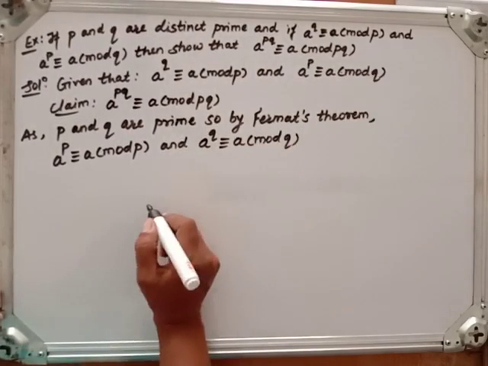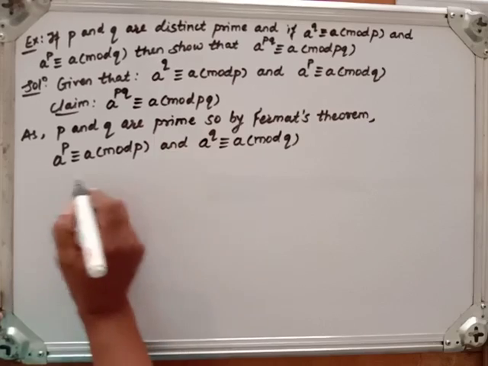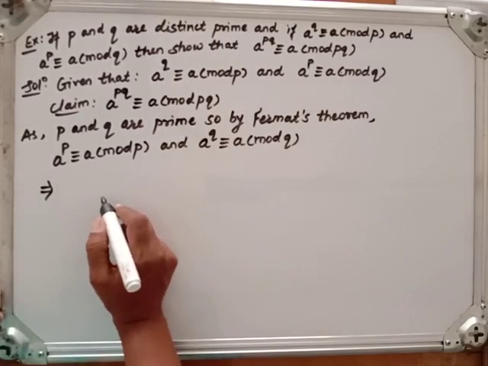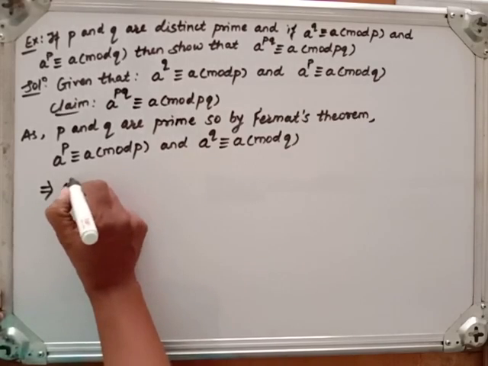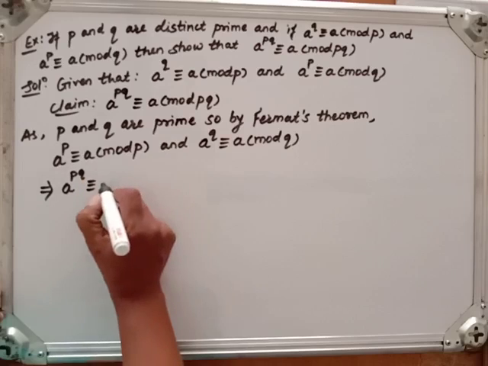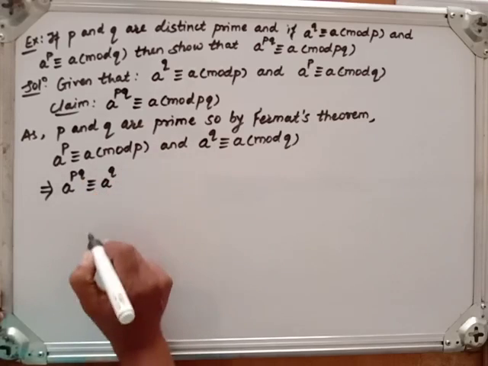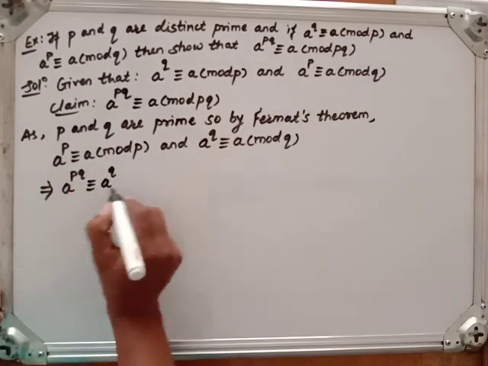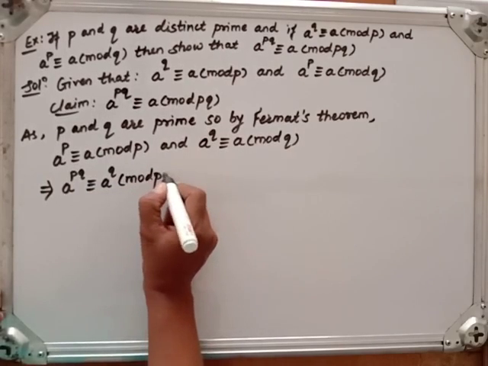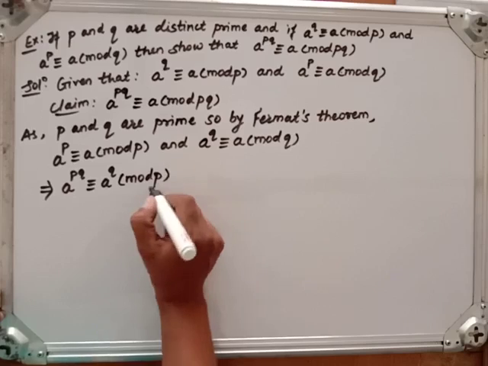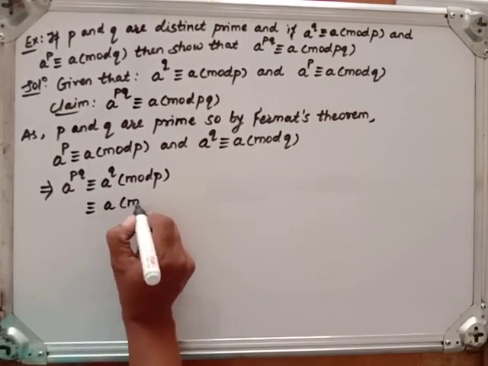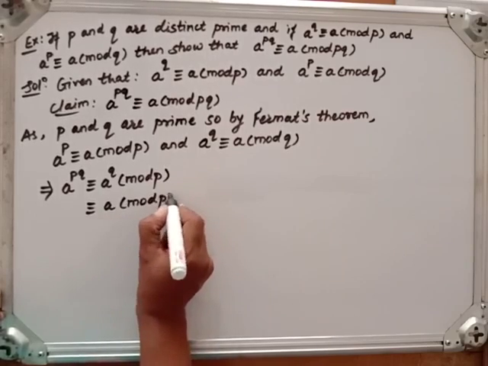Okay, now this gives us, what does this say? This says a raised to pq is congruent to a raised to q, taking the qth power on both sides here, modulo p. Okay, and that is equivalent to a modulo p. Why does this hold?